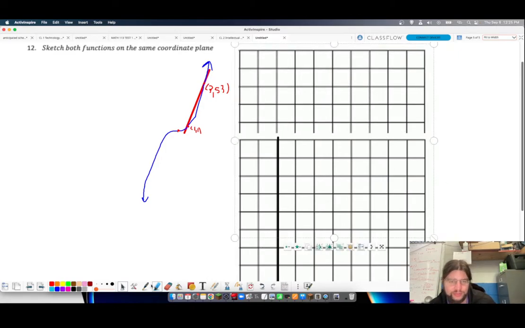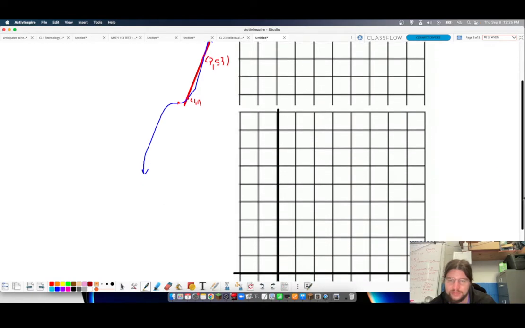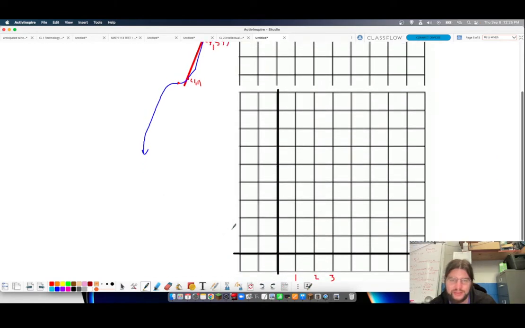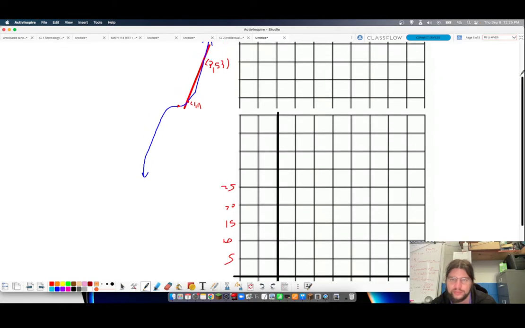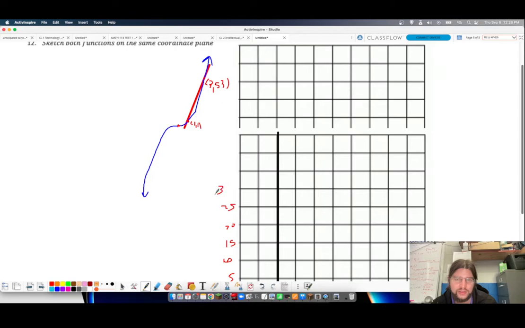We're going to count by fives on the Y's and by ones on the X's. 5, 10, 15, 25, 30, 35, 40. You can always email your professor and ask her what she wants. 55, and that should be good enough. Maybe 60.